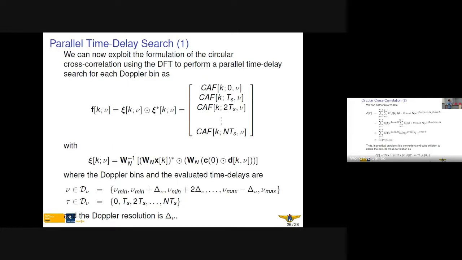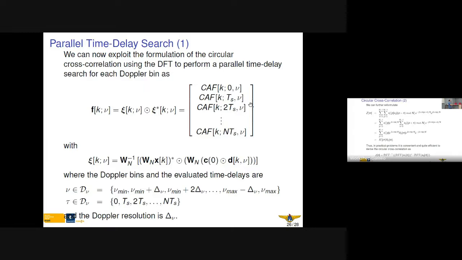Yeah, now we can reformulate our problem, and especially the vector-based signal model. We can now introduce here the DFT matrix, and we can now exploit the formulation of the circular cross correlation using the DFT to perform a parallel time delay search for each Doppler bin.